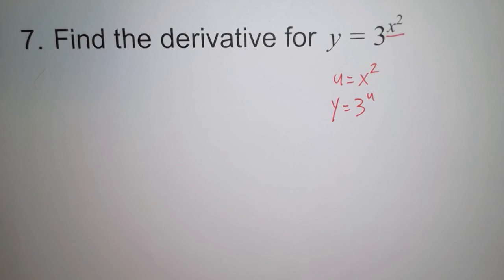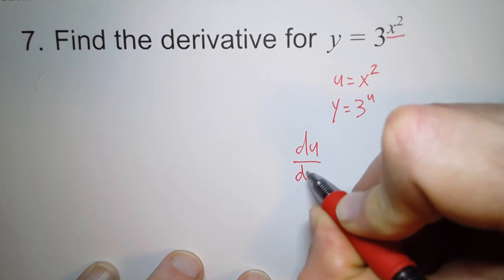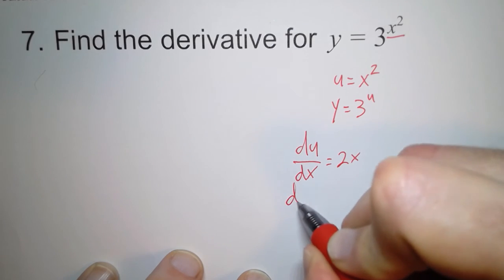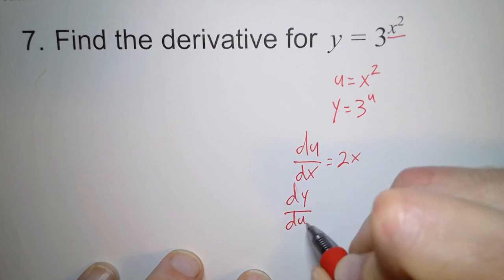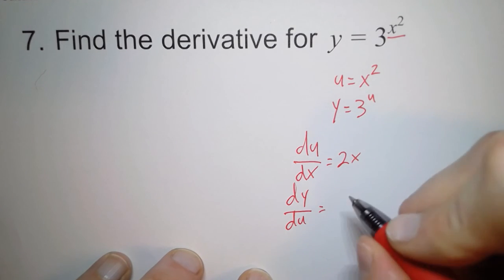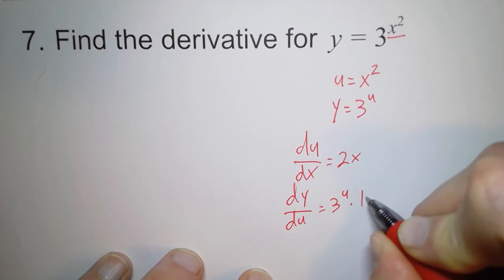That's what we substituted out x squared for. So our derivative du dx is equal to 2x, and dy du, again using the pattern that we had from number 5, that's going to be 3 to the u times ln of 3.